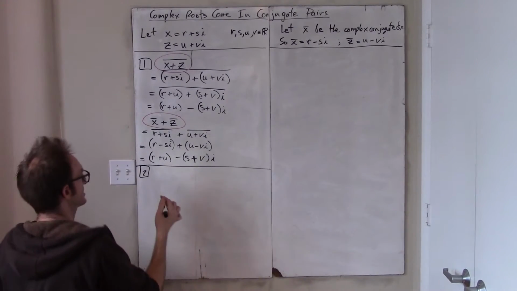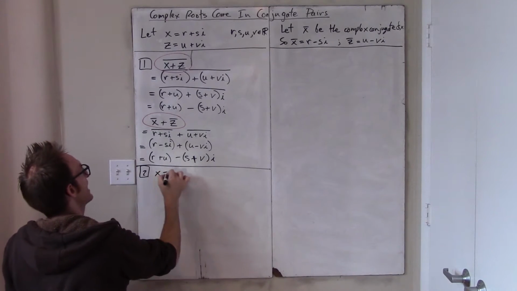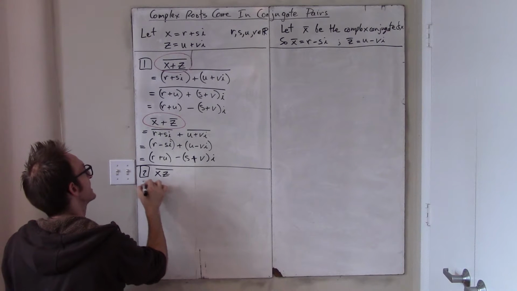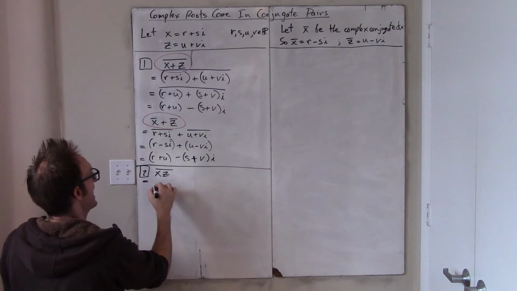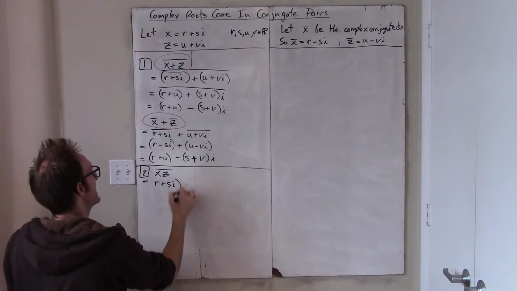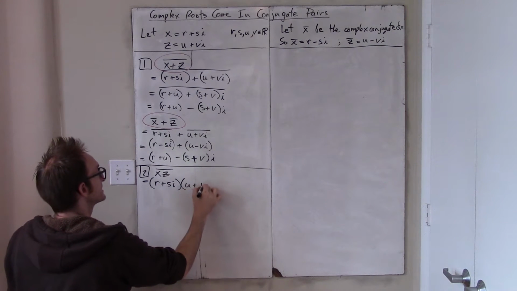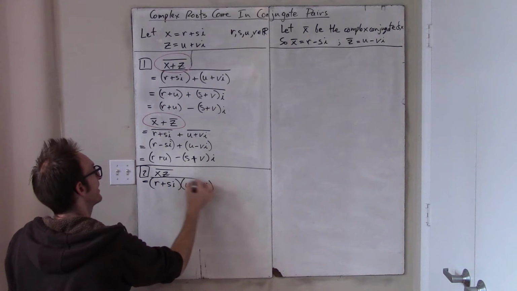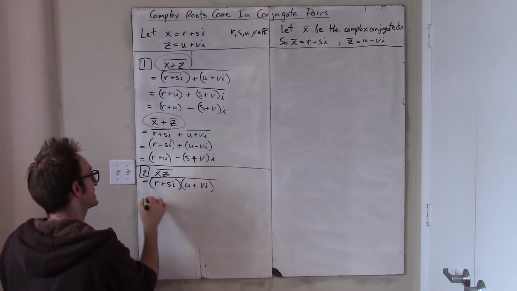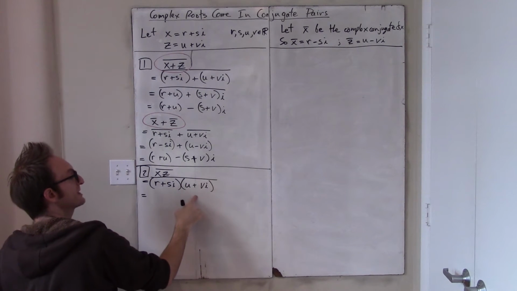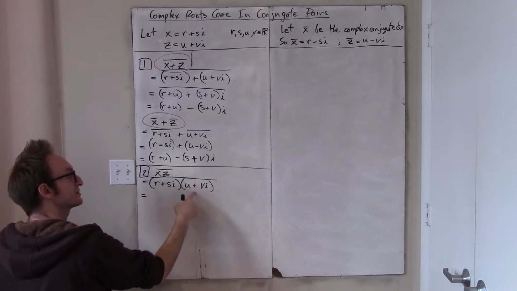Well, let's just go. What is the conjugate of xz? I take x, which is r plus si, and multiply it by z, which is u plus vi, to take just 2 generic complex numbers, and then I'm going to take the conjugate of that. When you multiply these together, I'm sort of fast at this, so I'm just going to do it.